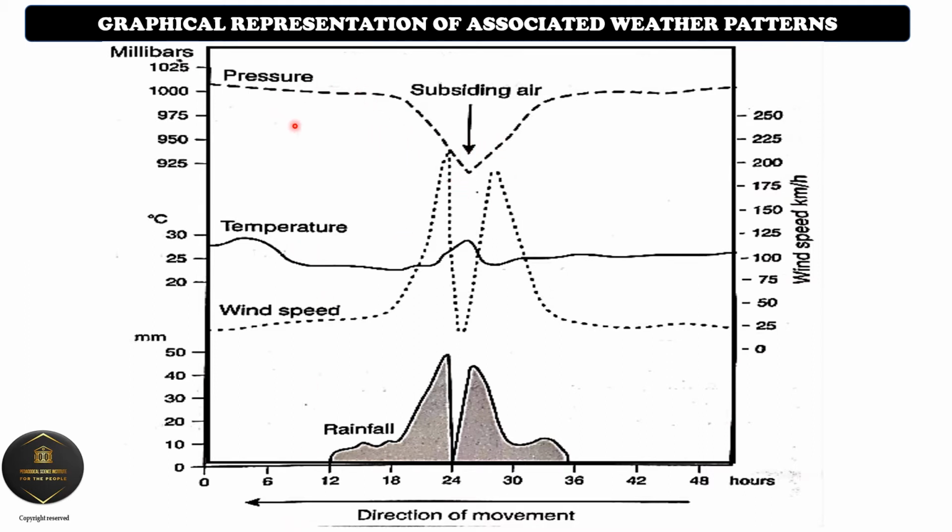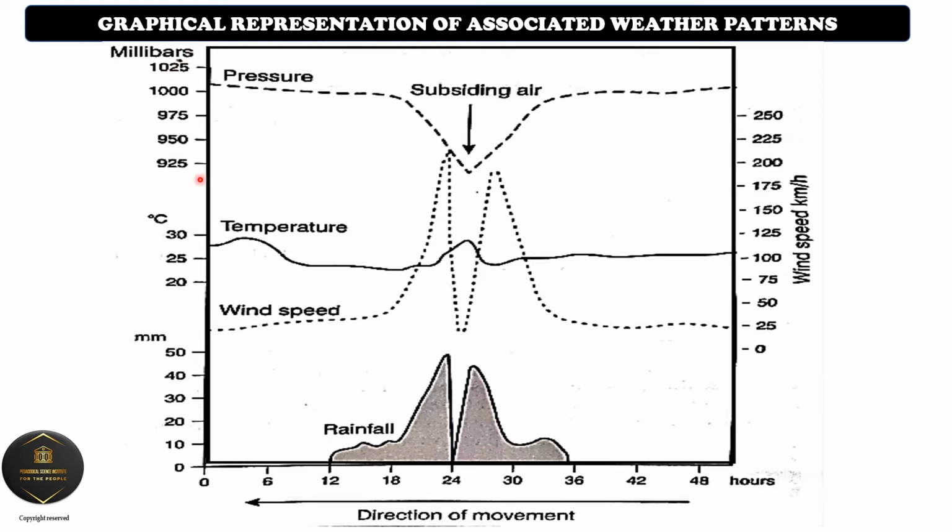So this graph is showing us again pressure, changes in wind speed, changes in temperature, and the rainfall as well. So please be able to look at your keys in the y-axis.